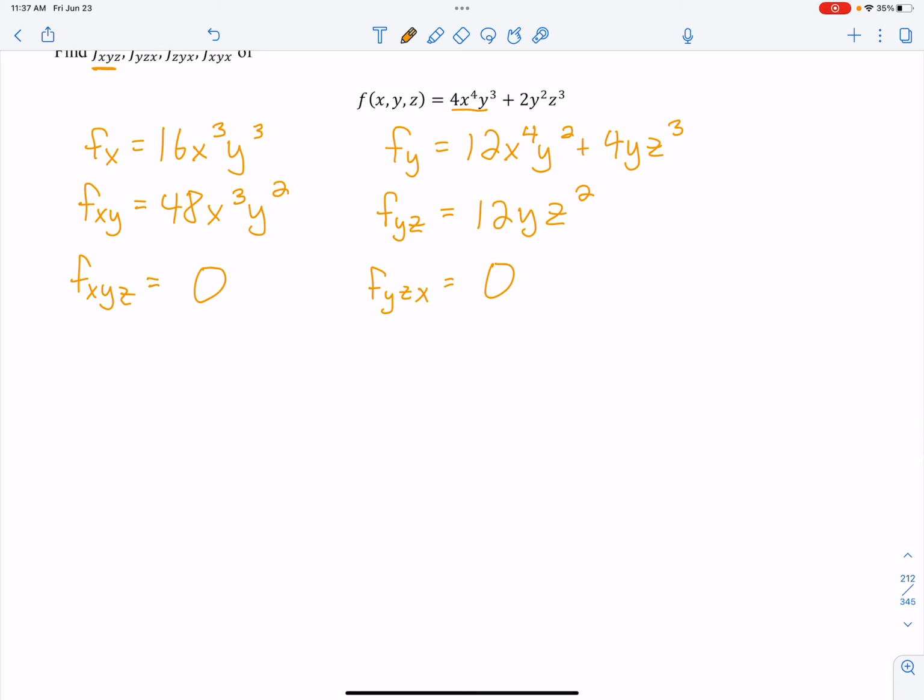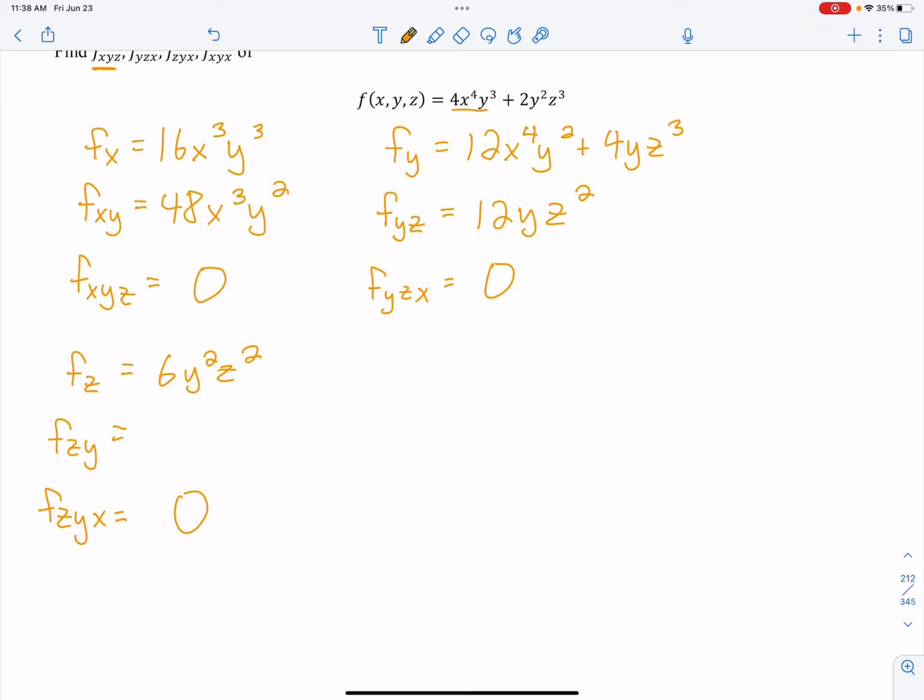All right, we've got another one there. We've got fz, and then fzy, and then fzyx. So if it has all the same, we should expect that it should be a 0. So we're going to take, with respect to z, this first term that's underlined at the top, which is a 0. The second term with respect to z, I get 6y squared z squared.